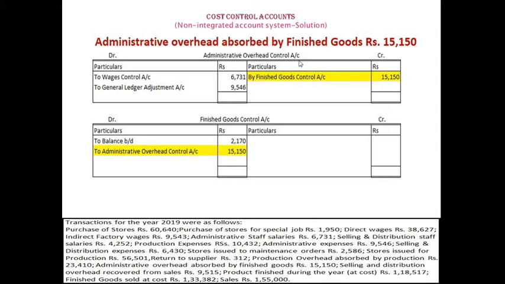Administrative overhead absorbed by finished goods rupees 15,150. Administrative overhead control account, finished goods control account credit side, and in the finished goods control account administrative overhead control account 15,150.